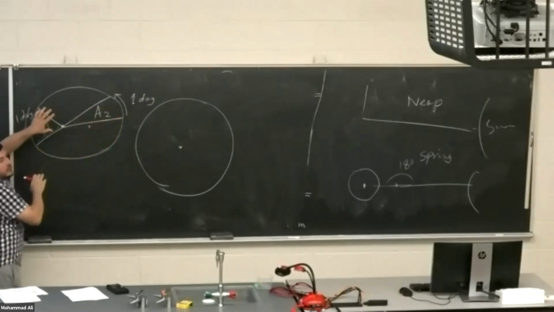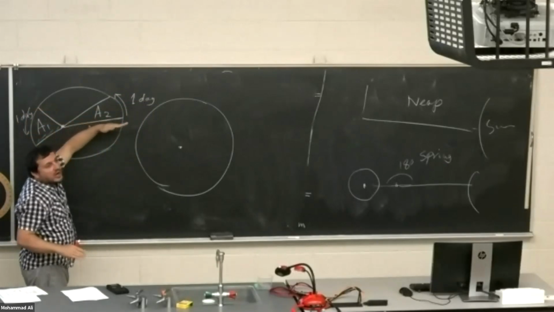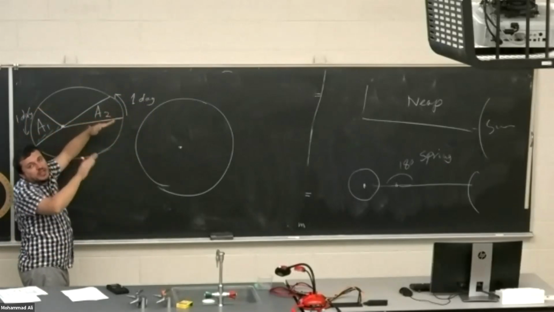So this radius will span equal areas in equal times.